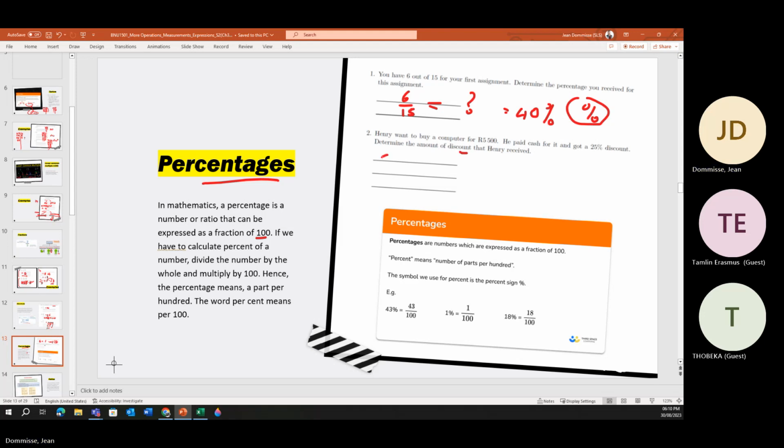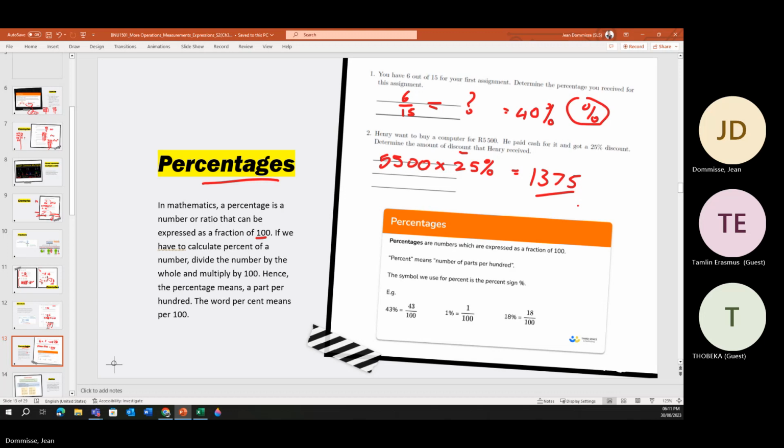So again, how we would do that is, the 5,500, and we will just multiply that by 25% to see what the amount of a discount is. So they just want the amount of a discount. So 5,500 times 25% gives you 1,375. So that is the discount that you're getting.